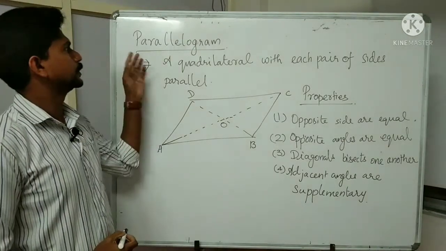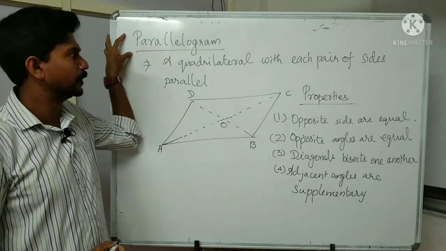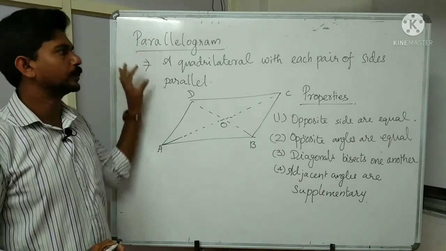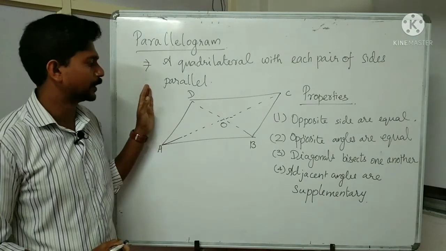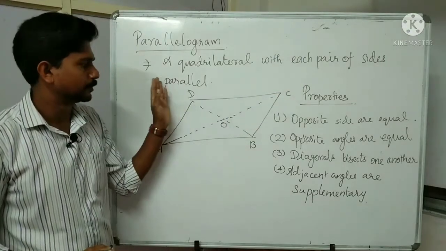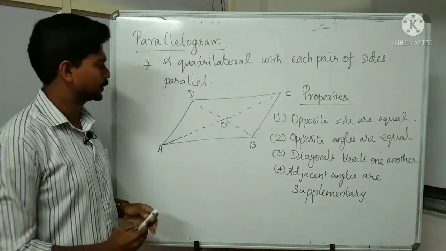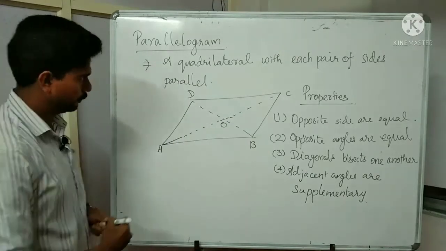Next kind of quadrilateral is the parallelogram. A parallelogram is a quadrilateral with each pair of opposite sides parallel. We see that side AB is parallel to side DC.